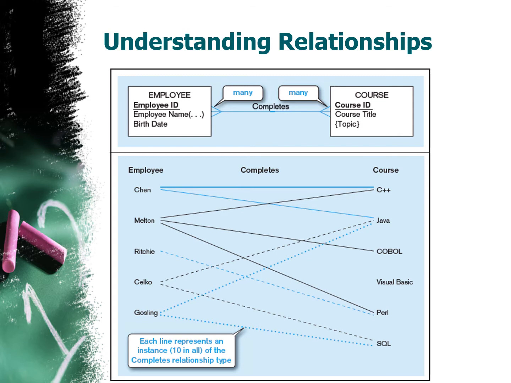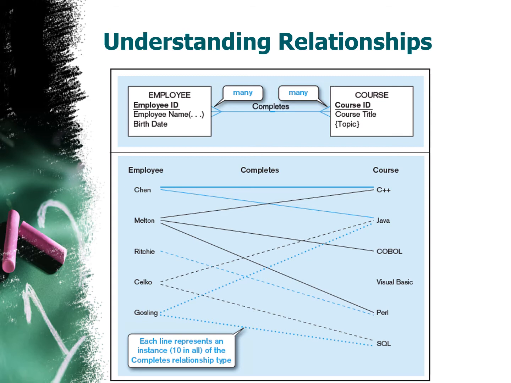So each employee can be enrolled in any of those courses. If you go back to the top, between employee and course, an employee can complete many courses, and a course can also be completed by many employees. As you can see, there's a many-to-many relationship, and each colored line below represents one record.